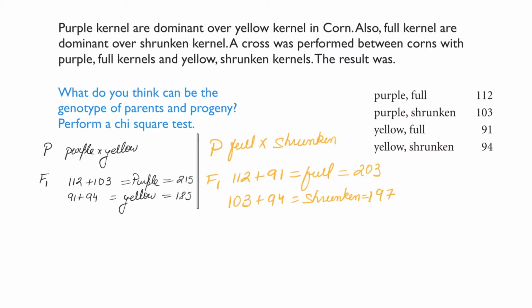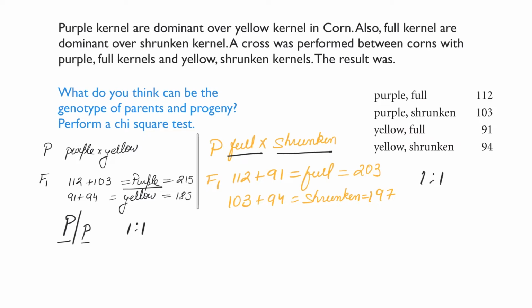Now it looks like the ratio of big P to small p, here I am just talking about the phenotype, not the genotype, but basically purple to yellow equals 1:1, and the similar thing appears for full and shrunken, again a ratio of 1:1.